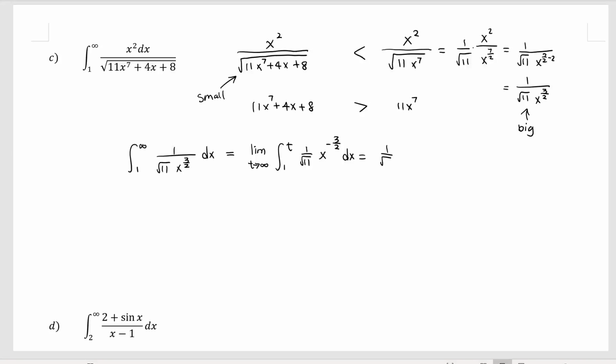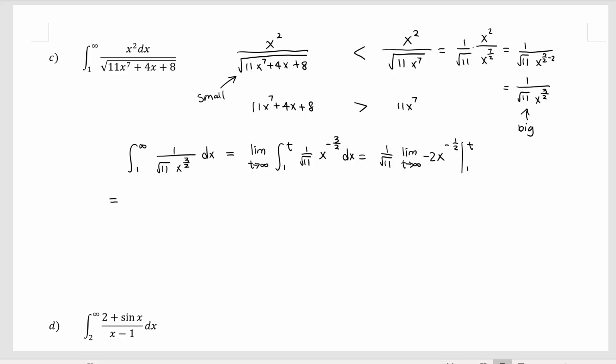So 1 over the square root of 11, we can actually pull it outside. And here we have the integral of x to the minus 3/2, which is x to the minus 1/2 over minus half, the same as multiplying by minus 2, right? And we evaluate from 1 to t.